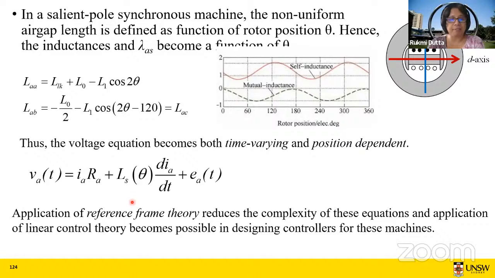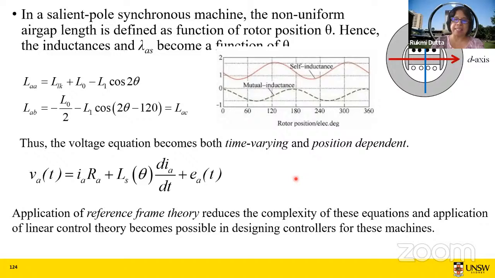That means in our voltage equation, not just time varying quantities, we also have position varying quantities. So it makes it even more complex to design controllers when the quantities vary this way. How can we simplify this type of equation, and how can we then apply known classical linear control theory to design controllers?